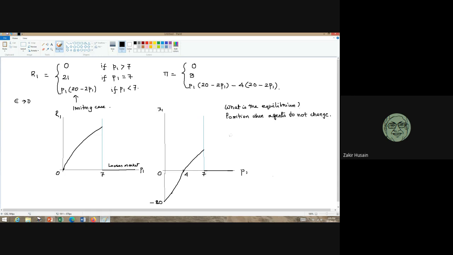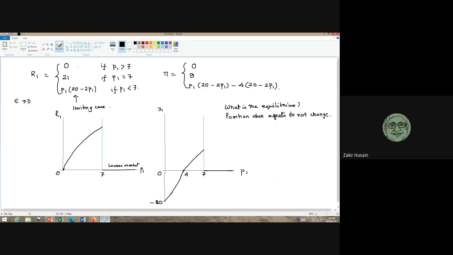So if it's in disequilibrium and the producer charges a certain price 6, there will be some changes. The second producer will change his price and so on. So the question is, in this case, what is the equilibrium?